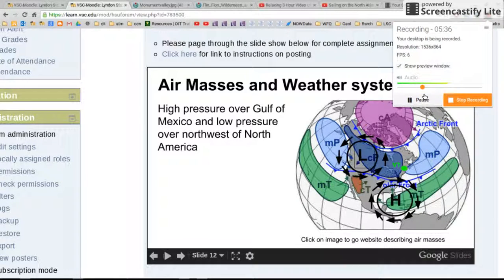A somewhat more rare situation is this configuration shown here, where you have a low pressure system over the northwestern part of North America and a high pressure system that sort of extends into the Gulf of Mexico over here.